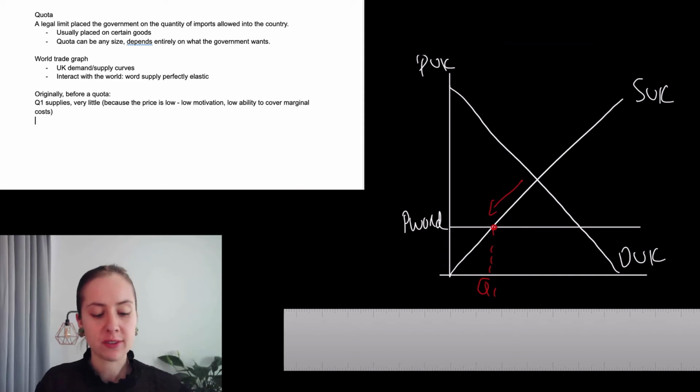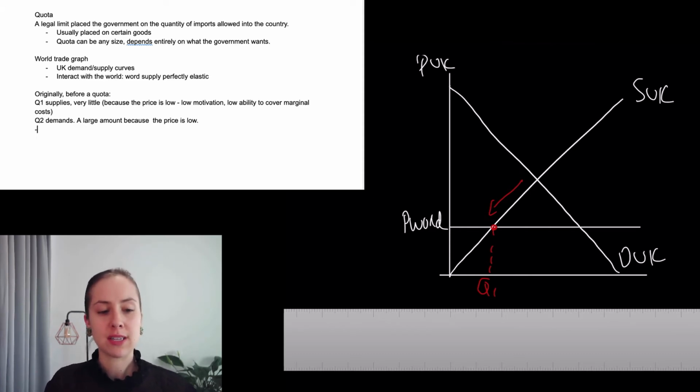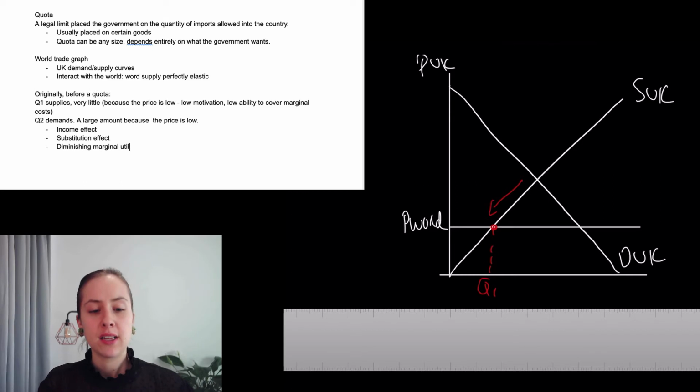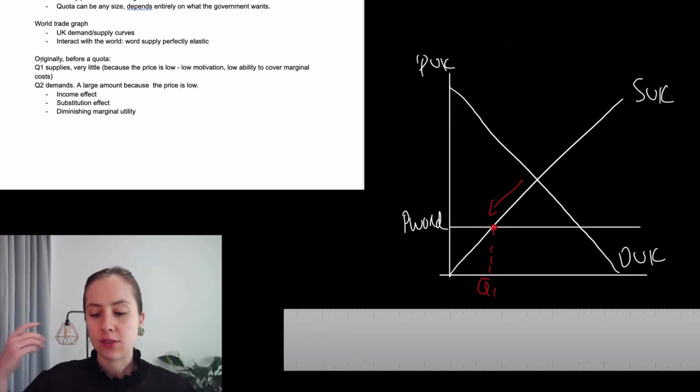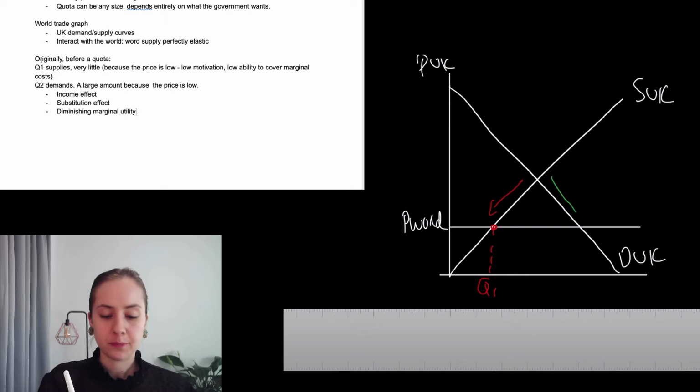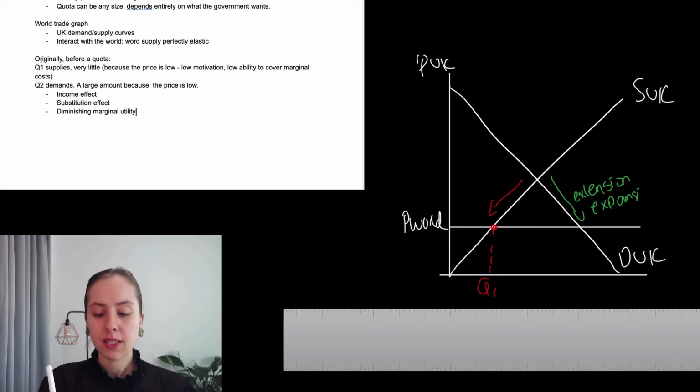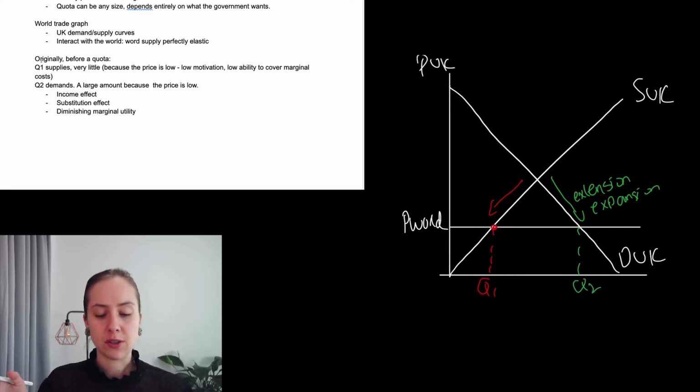Okay, and then again, before the tariff, before the quota, the UK demands Q2. They demand a large amount because the price is low, and according to the income effect, the substitution effect, and diminishing marginal utility, that should be really motivating to people to demand more. So there's actually an extension in the quantity demanded because the price has decreased, and overall Q2 is what is demanded in the UK.